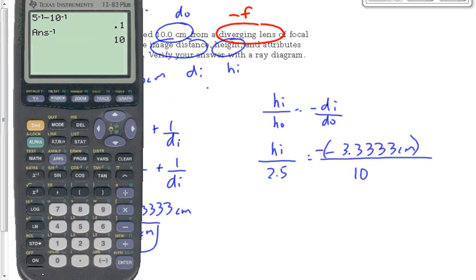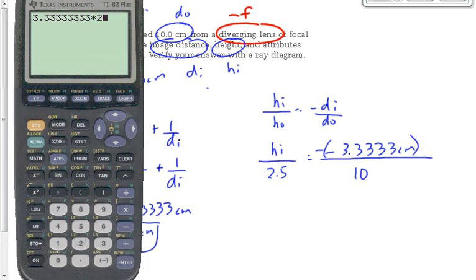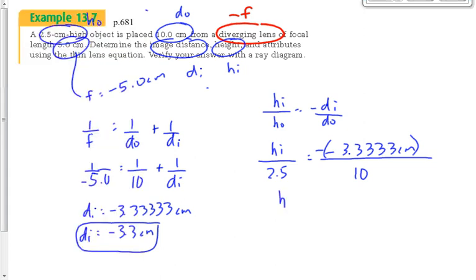On our calculators, we'll say 3.333, and it's positive now, right? Because a negative is a positive. Let's multiply that by 2.5, and divide that by 10. For that, we should get an image height of positive 0.83 centimeters.